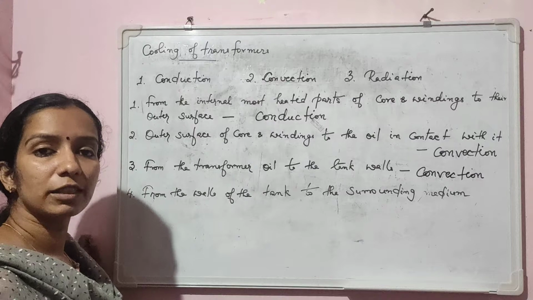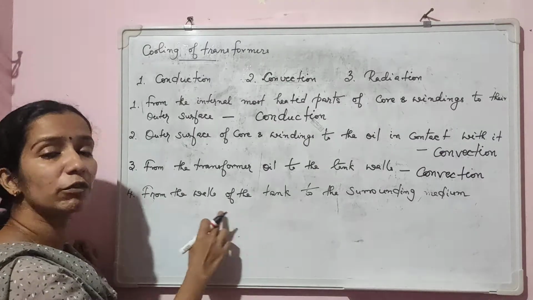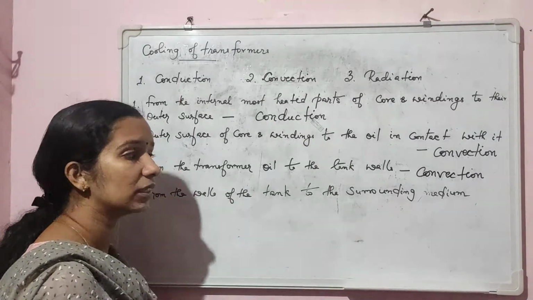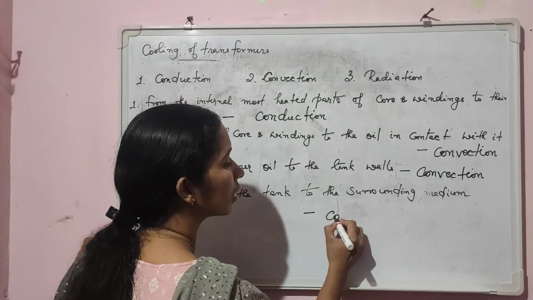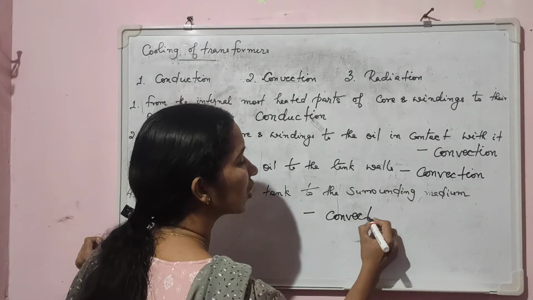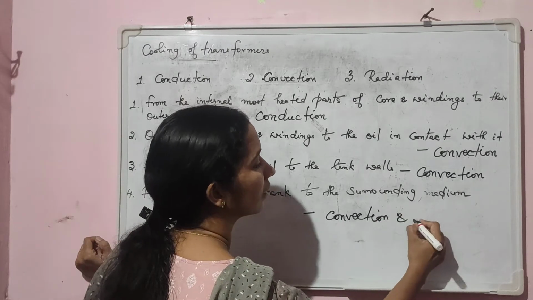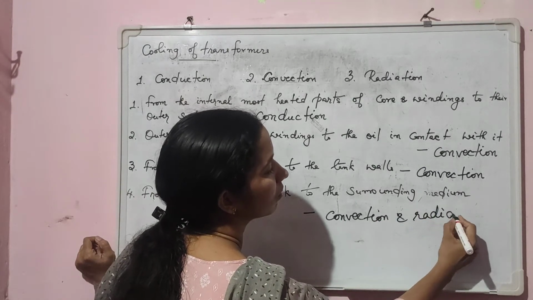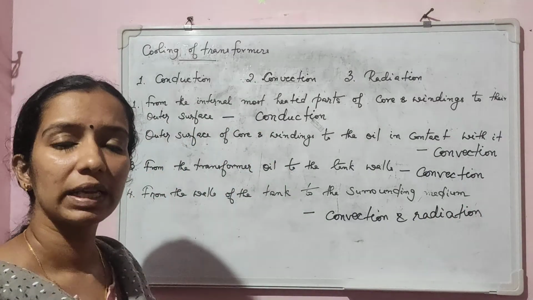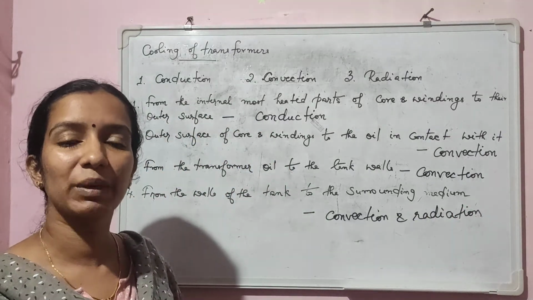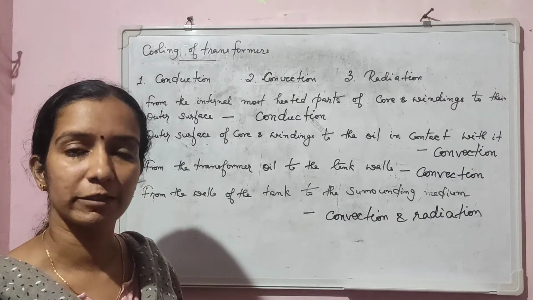If we consider the fourth path, from the walls of the transformer tank to the surrounding medium, here the heat dissipation occurs by both convection and radiation. From the transformer tank wall, a part of the heat will be dissipated as electromagnetic waves.